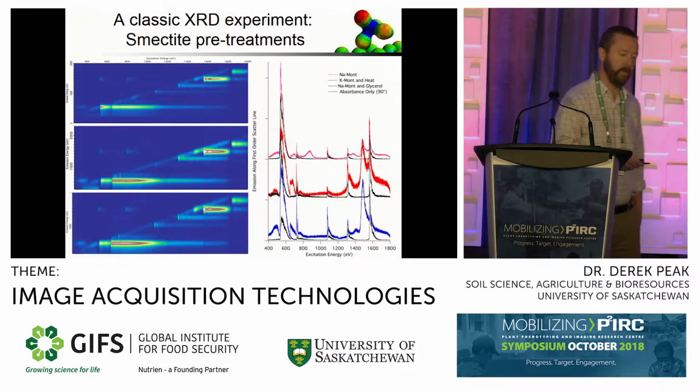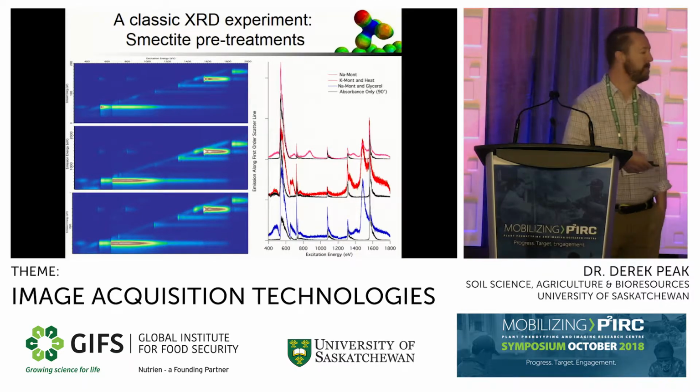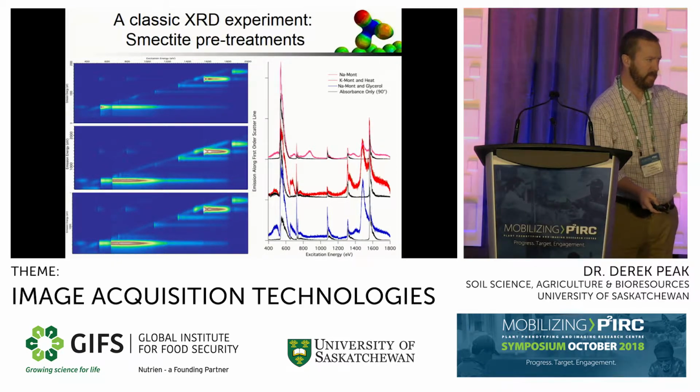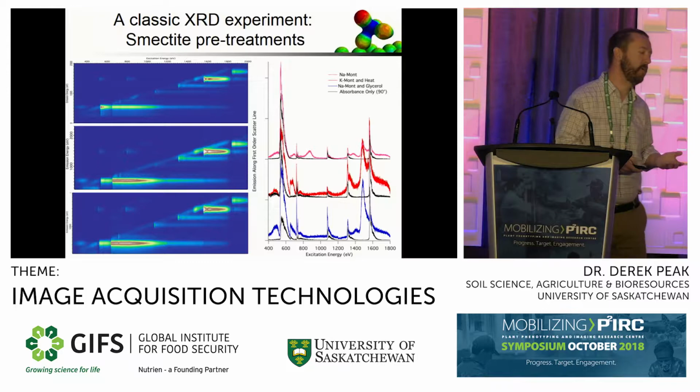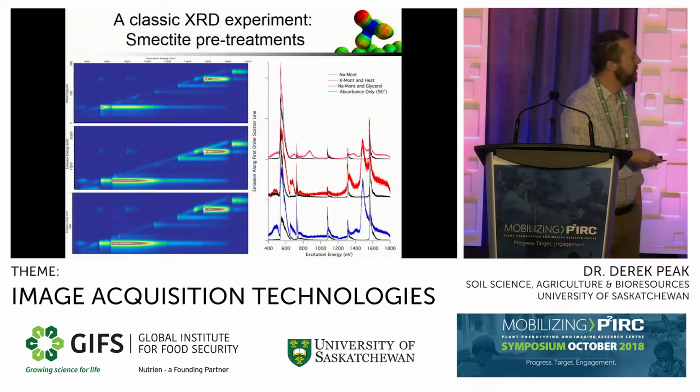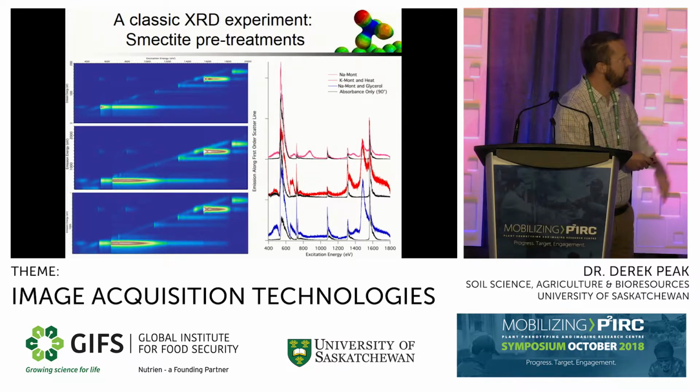Anytime you give a soil chemistry a research problem, they'll start working with smectites, it turns out, where we either saturated it with magnesium and glycerol, so we would expand the clay, or we heated it up in the presence of potassium, so we would collapse the clay. And so you could actually see differences in the absorption line that's due to the presence of either sodium or potassium, not so interesting. But in addition to that, if you look at the colored lines, those are on axis with the X-ray scatter.